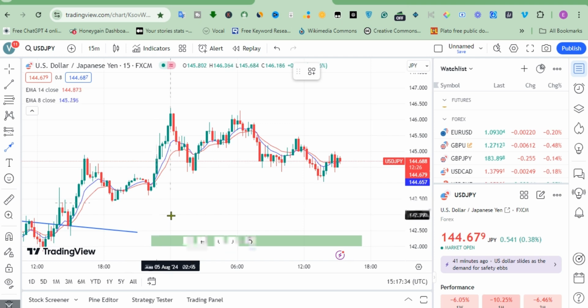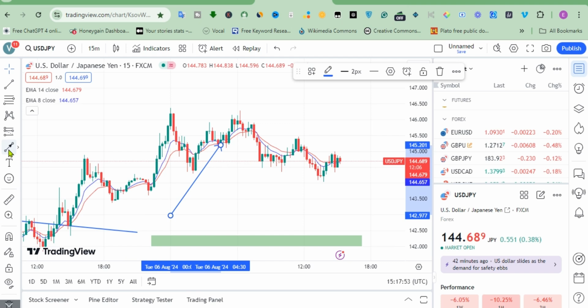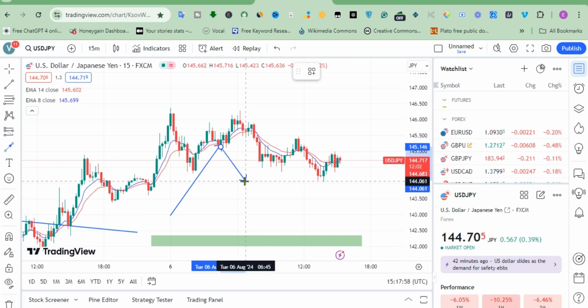It will always move in an impulse movement like this. After then, it will come down like this. Then later on, what next? It will go up again, like a zigzag. That's how price moves.